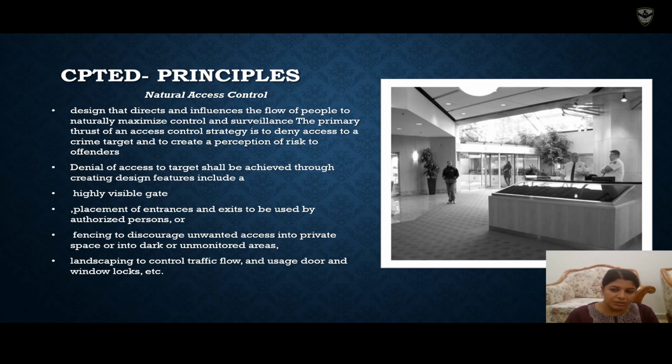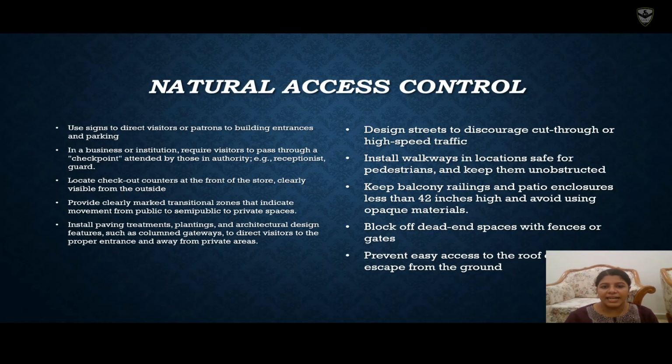Provide a highly visible gate, make entrance and exit only for authorized persons, ensure that fencing is such that no unwanted access can happen and there are no unmonitored areas. The proper usage of door and window locks is also a very good way of preventing crime. Some examples of natural access control are provided in this particular slide.